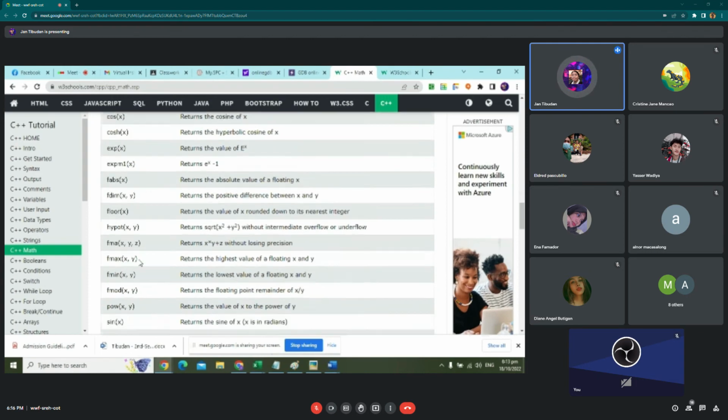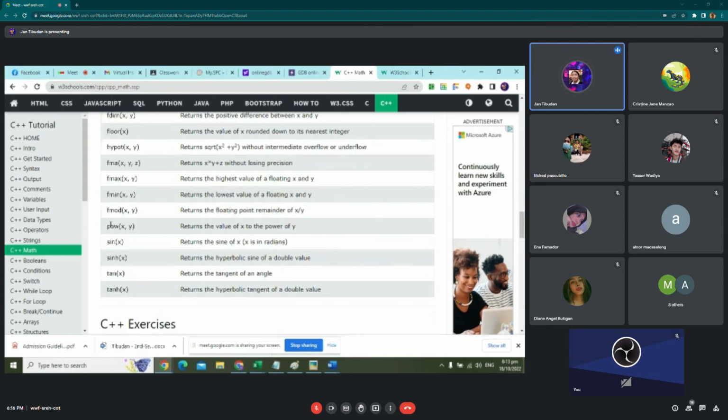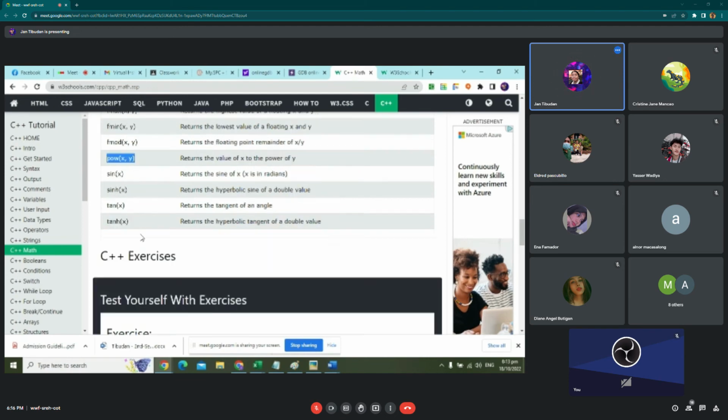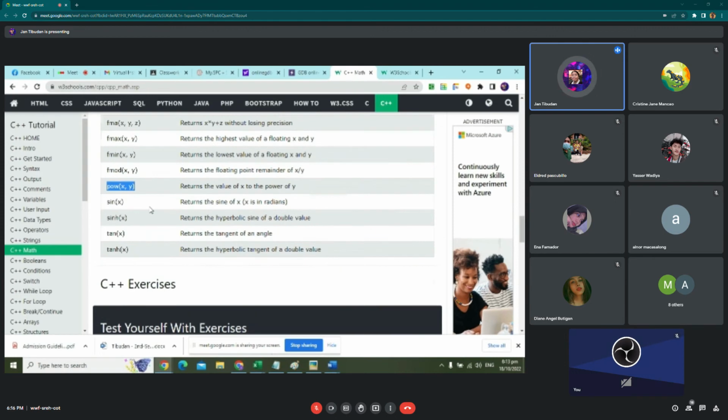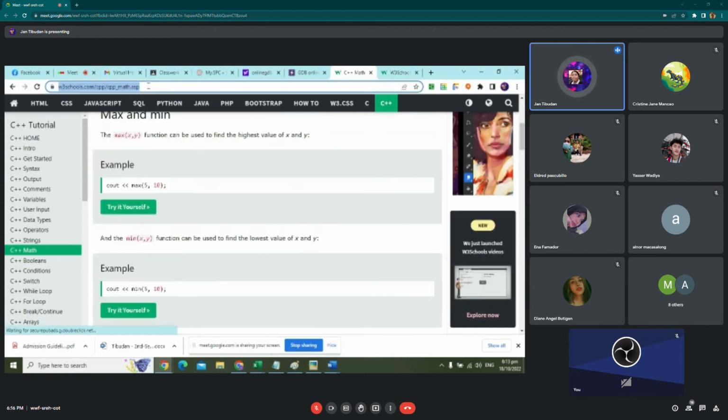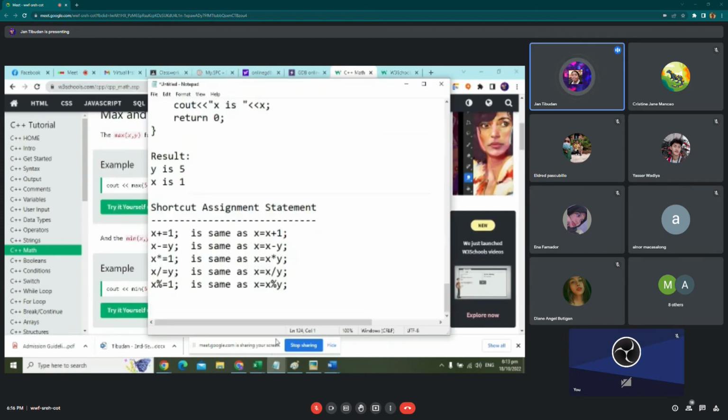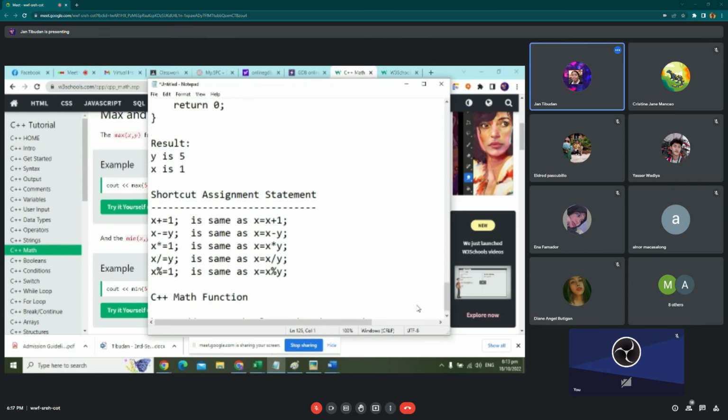So, everything here, class, nadiri, pati power function, kanang x to the power of y, kani siya class, gamit na siya. Okay? So, I'm going to give you the site kung asa ninyo makita. So, C++ math function. Okay? So, diha ninyo na siya makita.